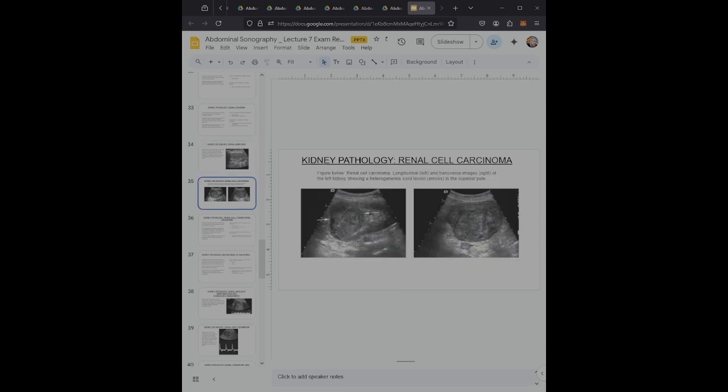Renal cell carcinomas may also be referred to as hypernephromas and adenocarcinomas of the kidney. These are primary renal cell cancers. Sonographically, we see hypoechoic, isoechoic, or hyperechoic solid masses in the kidney with complex cystic appearances.